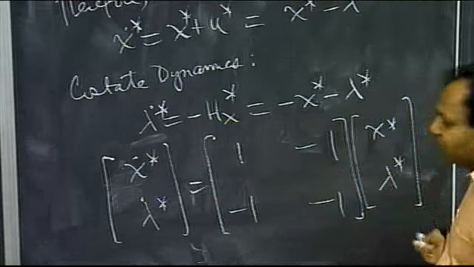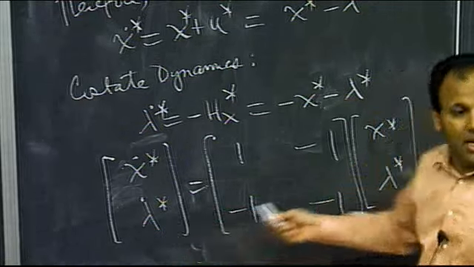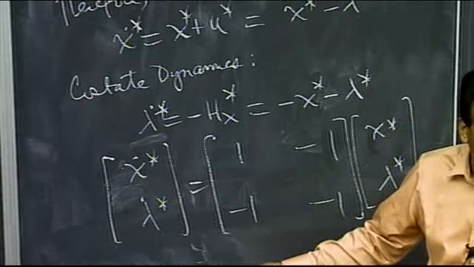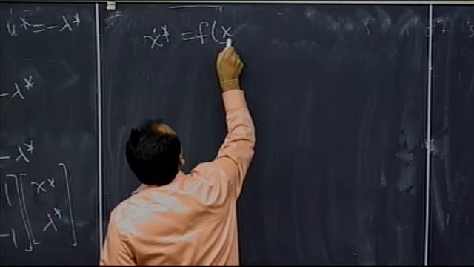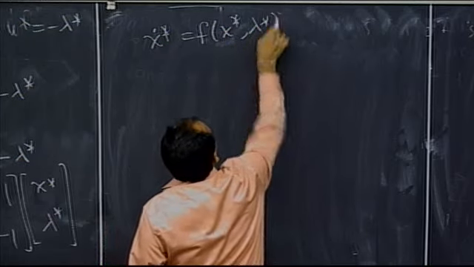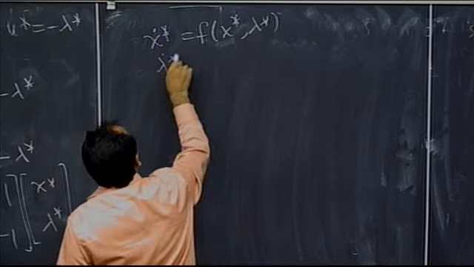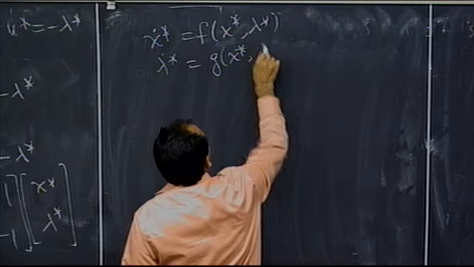It's also a function of lambda, right? The differential equation for lambda is not just a function of lambda. It's also a function of x, right? So x dot star is a function of x star and lambda star. And lambda dot star is also a function of x star and lambda star.